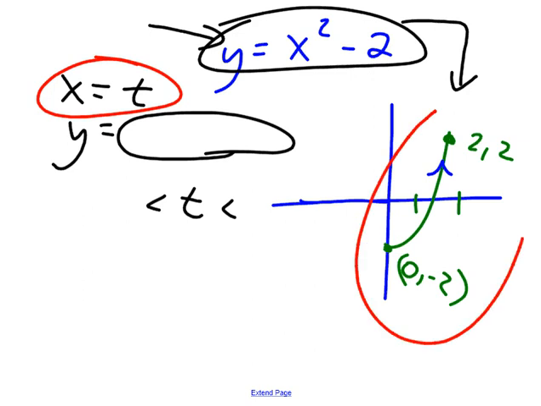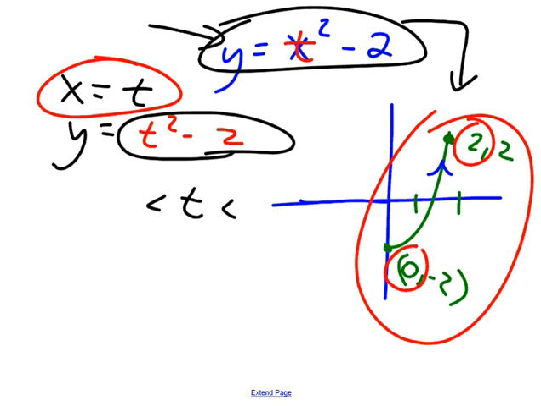All right, so then y equals, and let's actually try putting in t where the x is, and oh, it's just t squared minus 2. Cool. That's it, except I now have to tell where t is going to go from. Can I just take and say, well, I'm just going to take from 0 to 2? Can you just say 0 to 2? Yes, you can.